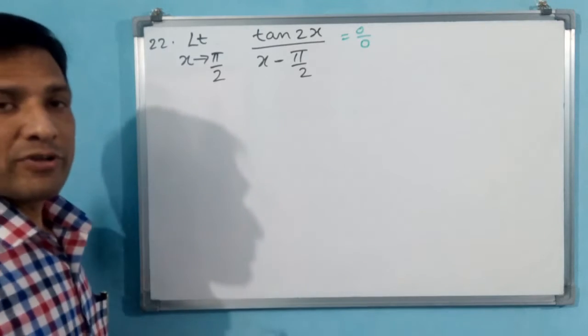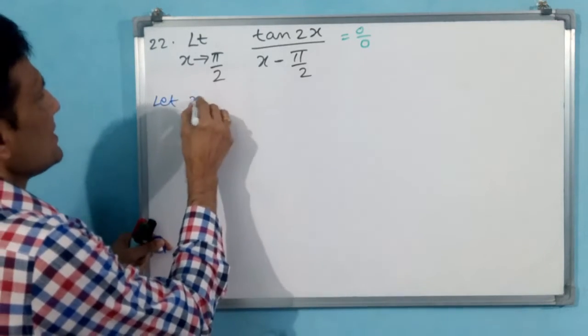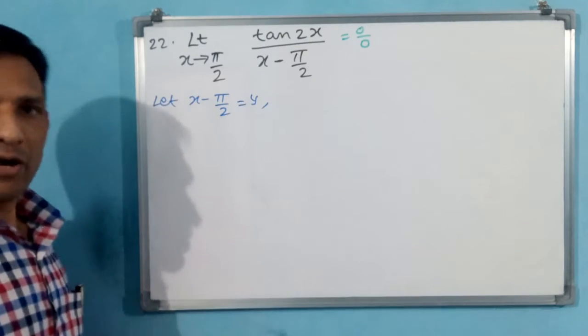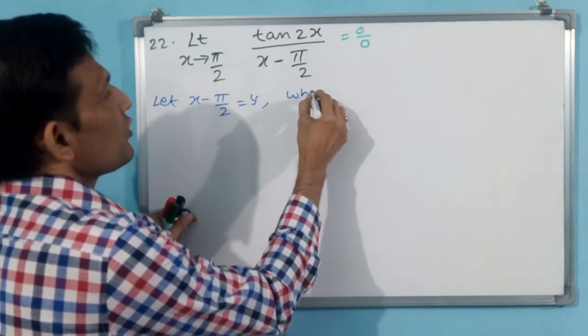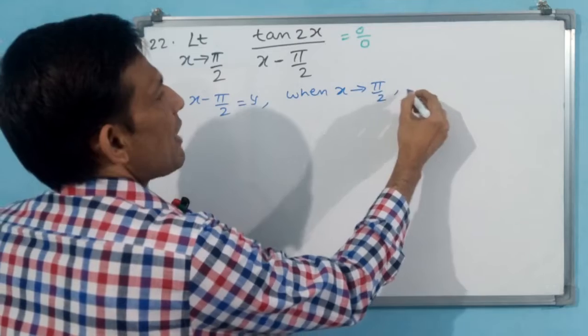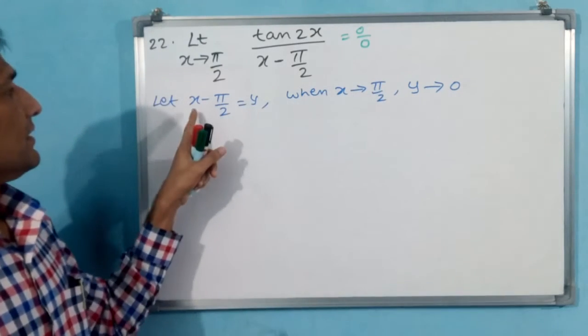Let x minus pi by 2 is equal to y. Y I have taken. See, the limit also I am going to take. When x tends to pi by 2, y tends to 0. Is it okay? Why?